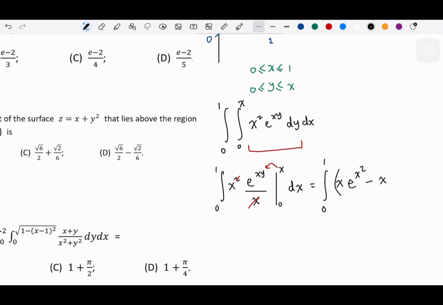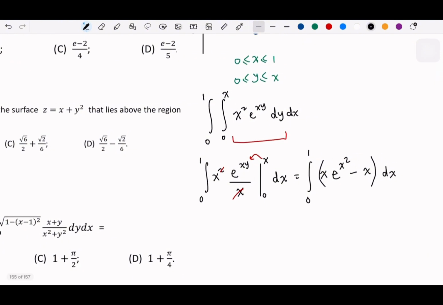When we put in 0, it's 1, right? And then dx. Or maybe just leave it as it is.